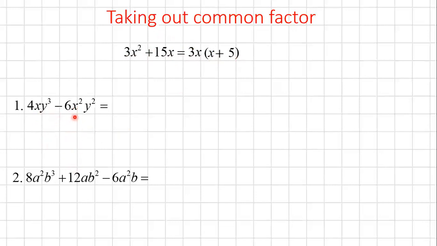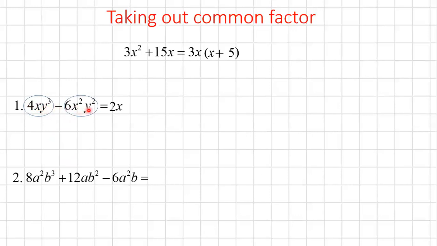4xy cubed minus 6x squared y squared. In this example, we firstly should find the greatest common factor of these two terms. Well, the greatest common factor of 4 and 6 is 2. X and x squared is x.